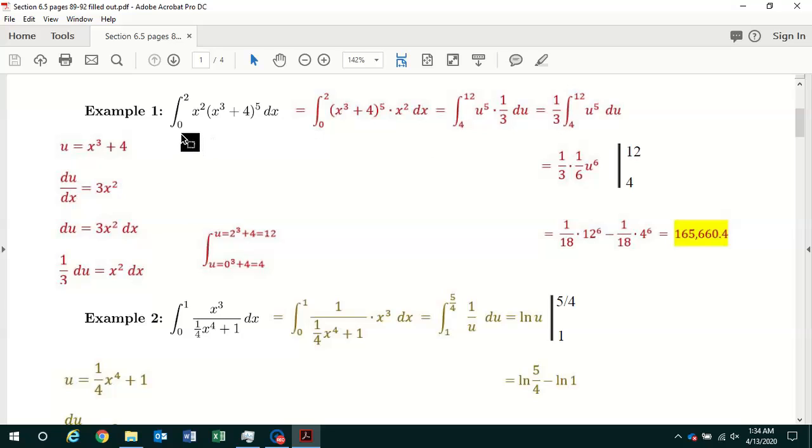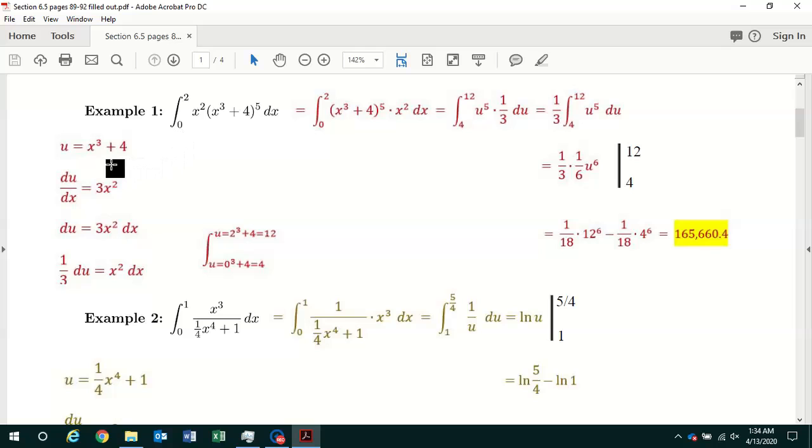Now the limits of integration, 0 and 2, they apply to the variable x. When we do the U substitution, the limits of integration change because we have to find them for the variable u. So down here we find the new limits of integration using the equation U is equal to x cubed plus 4.